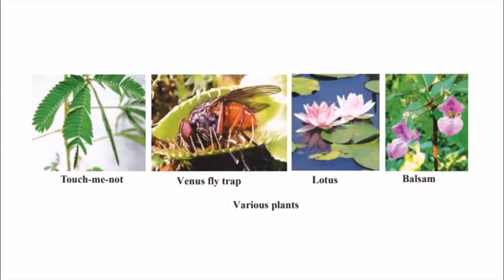Similarly, the lotus opens during the daytime, while the tuberose opens during the night. These happen because of the electrochemical impulse, and there is no growth. These types of movement are called growth irrelevant movement.